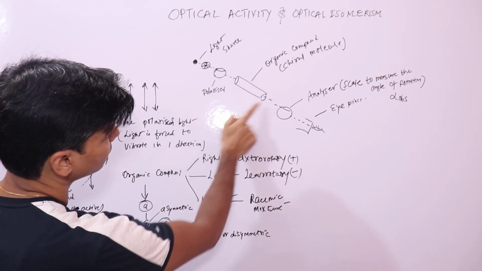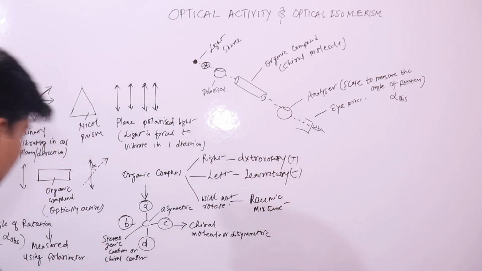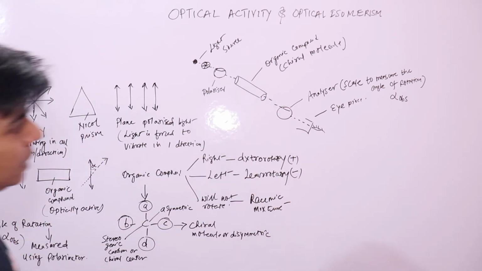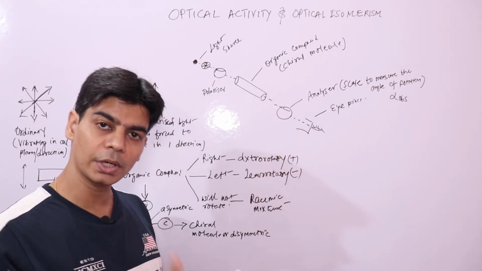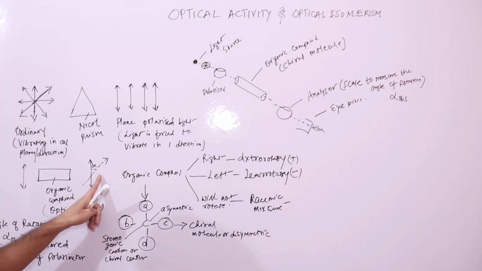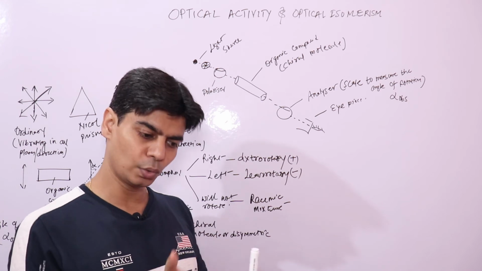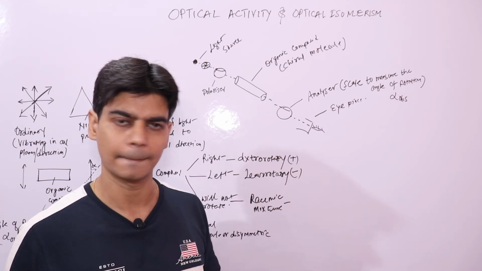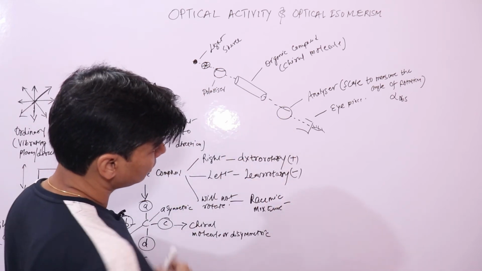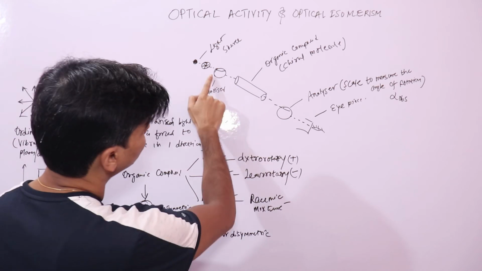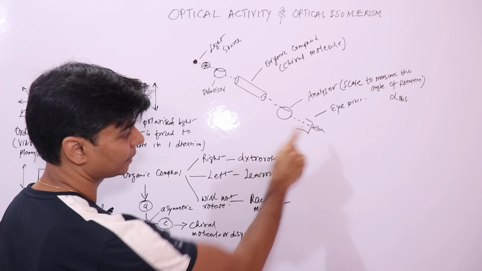And when that light passes through this sample tube, which has a solution of an organic compound, a chiral molecule, the light coming out now would be rotated by an angle, like here. The sample will rotate the light through an angle, either to the right or to the left. Earlier, as I said in the beginning, these two are arranged in such a way that no light is observed by an observer here.